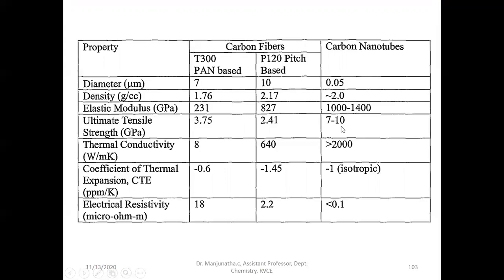Tensile strength, very high. Thermal conductivity is very, very high, greater than 2000, whereas in carbon fiber it is 640, very, very low. Coefficient of thermal expansion, -1, versus -1.45 for carbon fiber. Electrical resistivity is very low, meaning it is almost conducting, but carbon fiber is an insulating material.